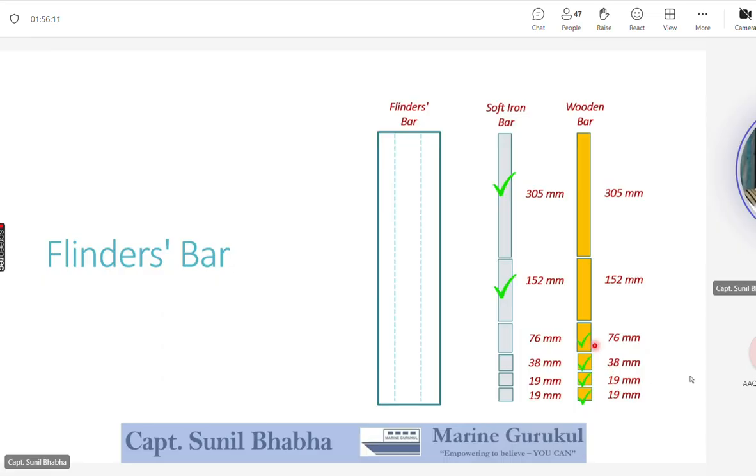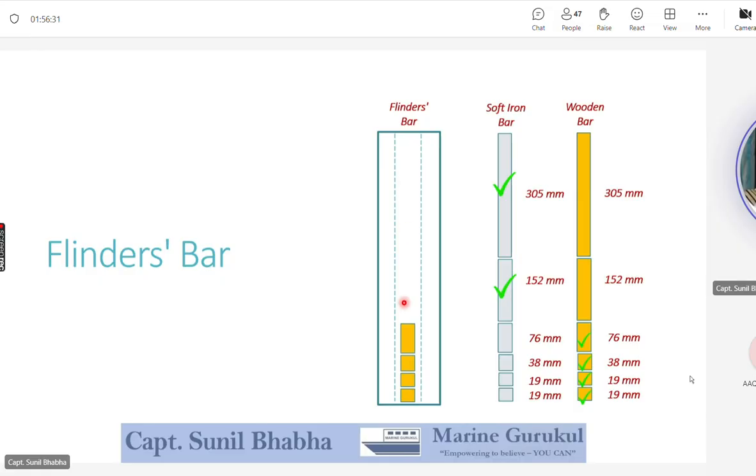You see all these pieces with a green tick mark, other than 305 and 152, he will pick up all the wooden pieces, 76, 38, 19 and 19, and drop these pieces in the Flinders bar casing.